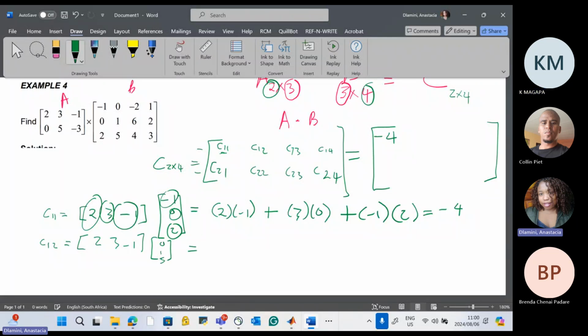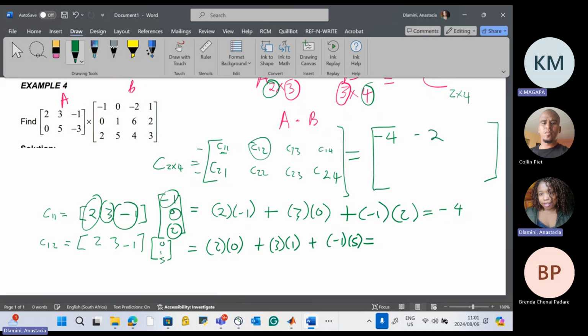So how do I multiply? 2 multiplied by 0, plus 3 multiplied by 1, plus minus 1 multiplied by 5. Well done. Which gives us what? Minus 2. C12 is minus 2 in this position.